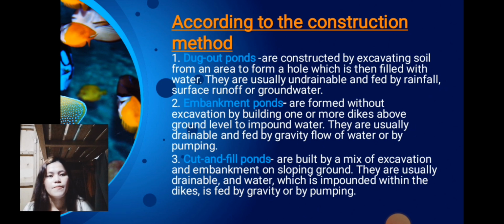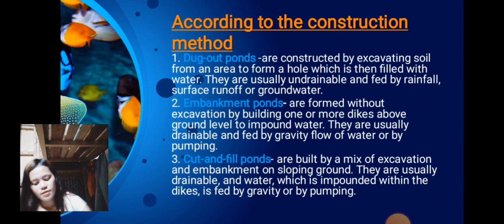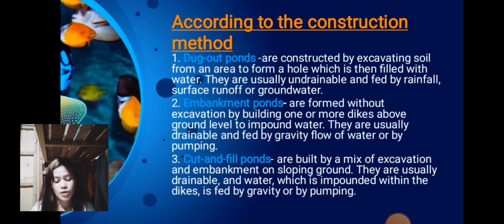So next. According to the construction method, dugout ponds are constructed by excavating soil from an area to form a hole which is then filled with water. They are usually drainable and fed by rainfall, surface runoff, or ground water. Ang dugout ponds ay type sa pond nga created by excavating or digging a depression into the ground.